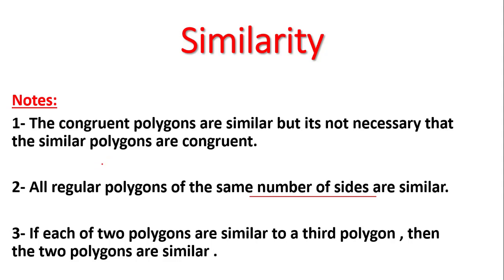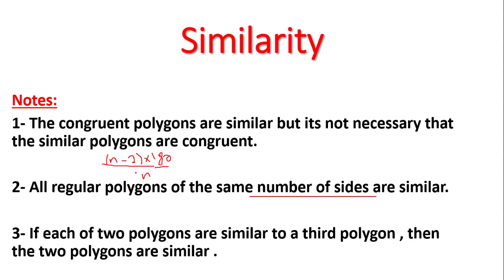We can calculate the measure of one interior angle in any regular polygon if we have the number of sides n: (n minus 2) multiplied by 180 over n. This is the measure of one interior angle in a polygon. If the polygon is a hexagon, then n equals 6. Heptagon, n equals 7. Quadrilateral, n equals 4, and so on.